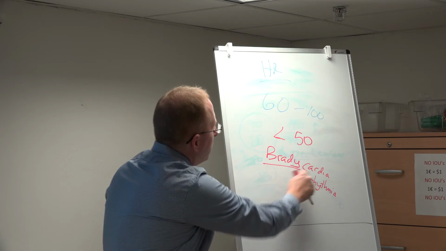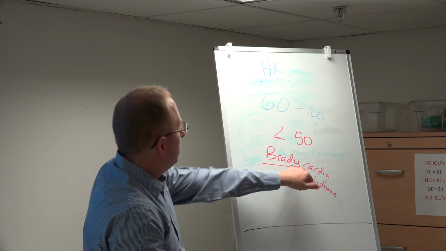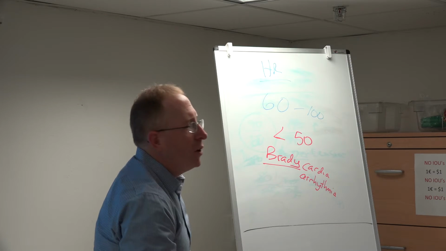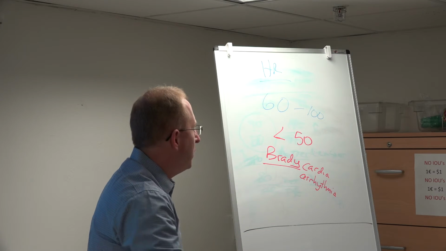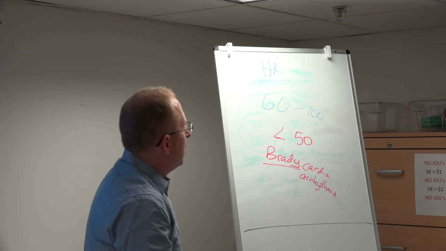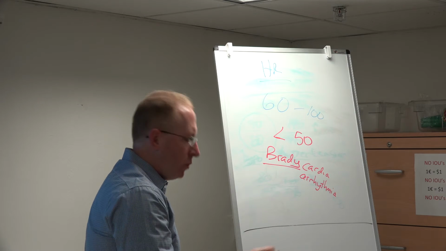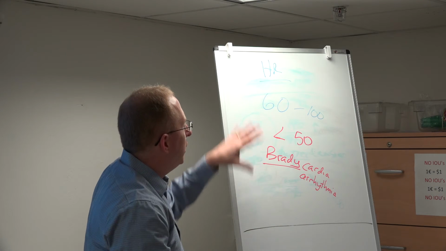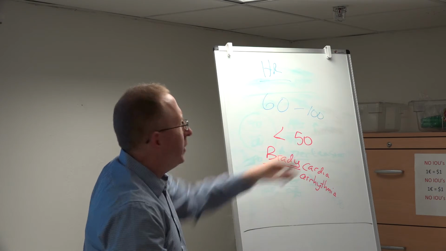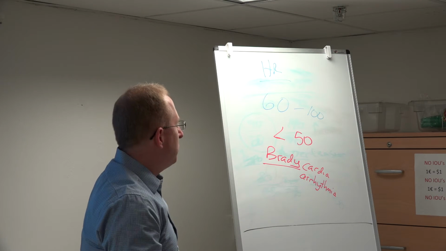But bradycardia or bradyarrhythmia, people find it easier to say bradycardia, and it's assumed that they also mean bradyarrhythmia for most cases. So in this class, when you hear me say bradycardia, I also mean bradyarrhythmia, because for ACLS purposes, we're defining that as a heart rate of less than 50 beats per minute.